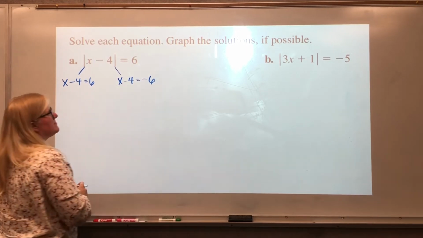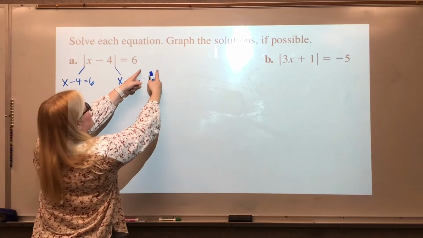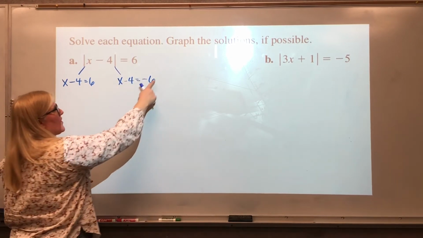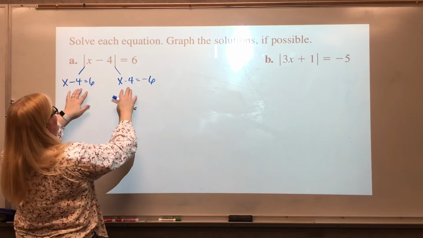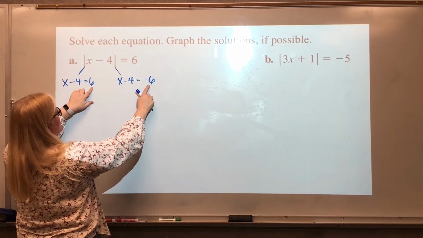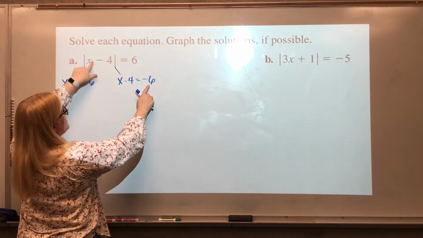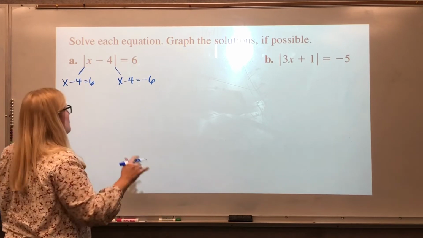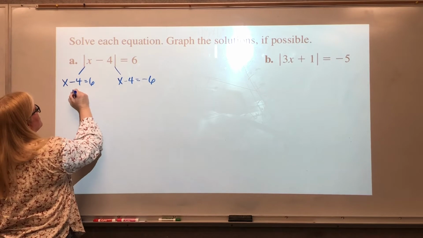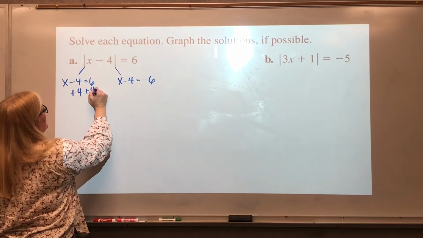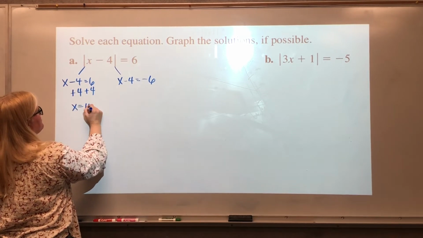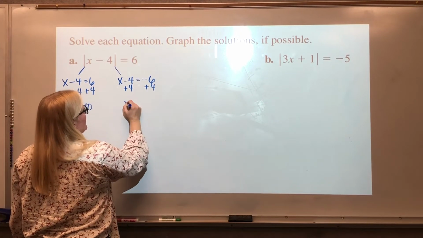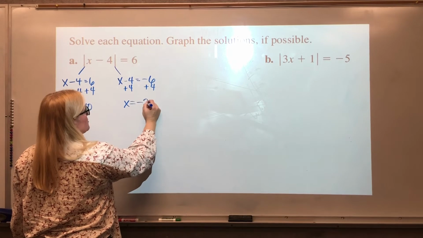Because you have to remember, the absolute value of negative 6 is the same thing as 6. And even though I don't have an absolute value here, these two equations take into consideration when this is positive and when this is negative. So we're going to add 4 to both sides over here, and I get x equals 10. Add 4 to both sides over here, and I get x equals negative 2.